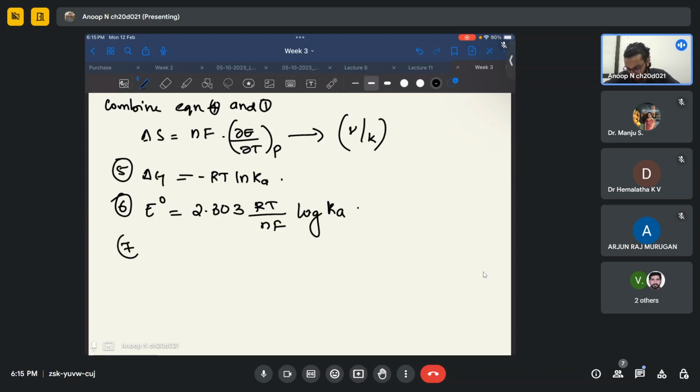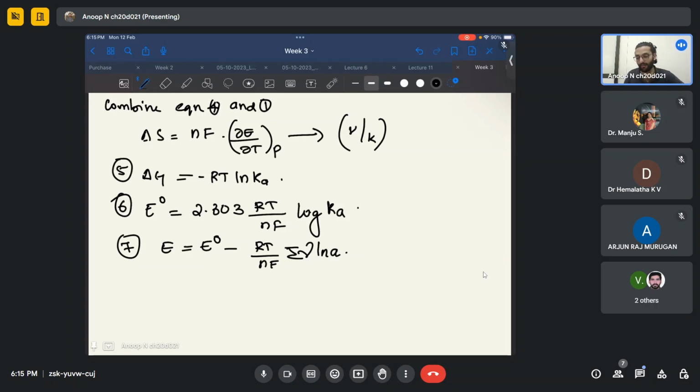Then another equation is E is equal to E0 minus RT by NF sigma nu ln activity. So these 7 equations, I would like all of you to remember. These equations will be pretty useful in solving problems.